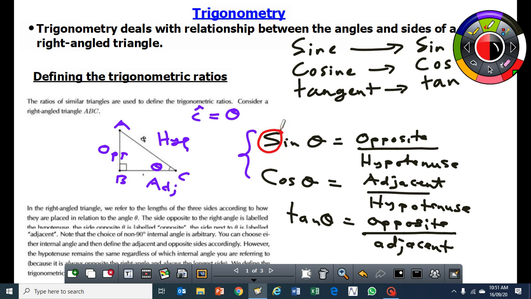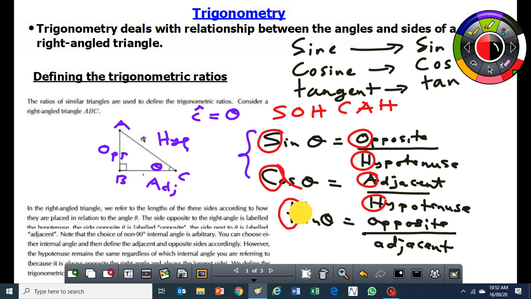This S, that O, that H, we can end up having the word SOH. Then we have that C, that A, that H, so we can have CAH. And then this T, that O, and that A. With capital letters that will be TOA. When people say it, it's called Soh Cah Toa.